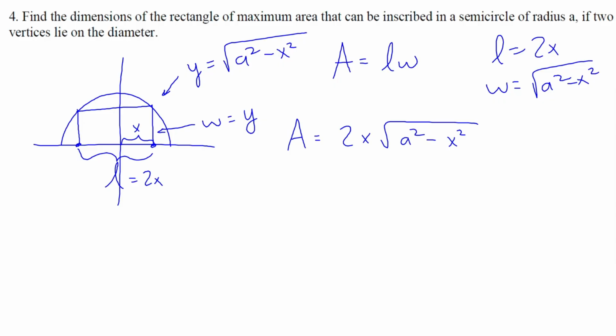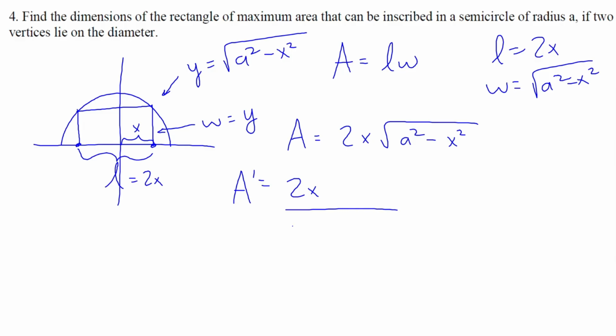And here's where a lot of people end up having some issues with this, is taking the derivative of 2x root a squared minus x squared, because they'll forget that a is just a constant. And so we're going to use the product rule. So A prime is going to be the first function, 2x, times the derivative of root a squared minus x squared.